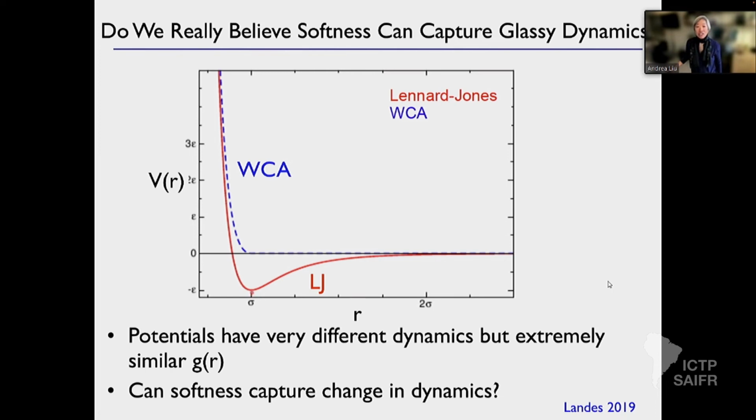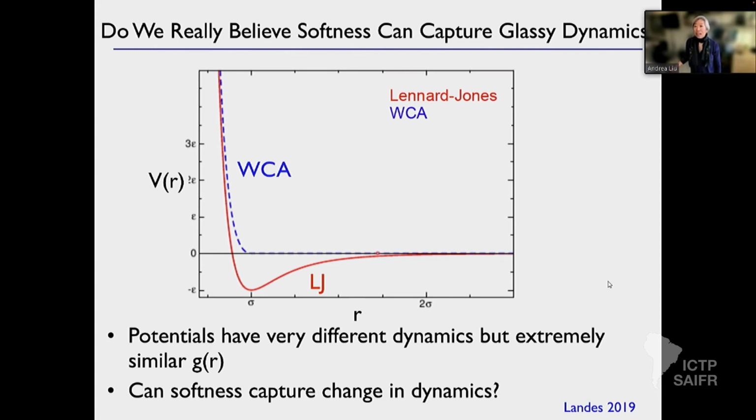You shift it up and you get rid of that attractive tail. So it's purely repulsive. And it's basically the same potential up to the minimum, at distances up to the minimum. Just shift it up. So a purely repulsive potential as opposed to a potential that has an attractive tail.